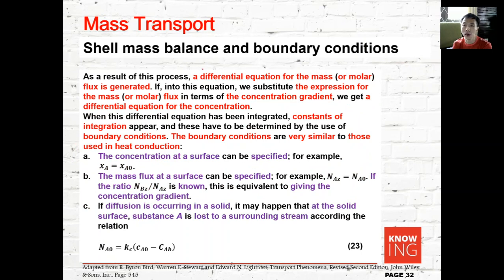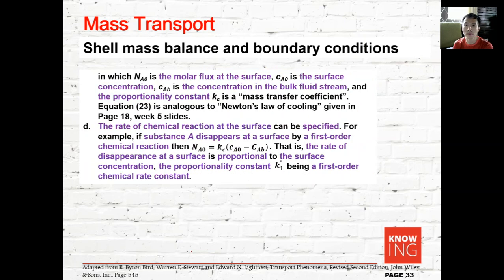With respect to this particular mass transport problem, there are several boundary conditions that can manifest. The first one is that the concentration at the surface can be specified, or the mass flux at the surface can be specified. And if diffusion is occurring in a solid, it may happen at the solid surface that the substance A is lost to a surrounding stream according to the relation represented by equation 23.